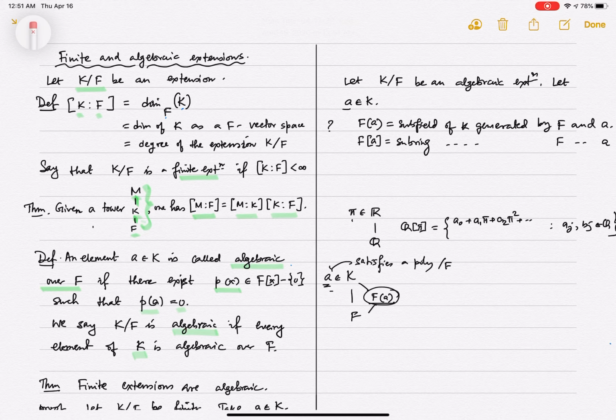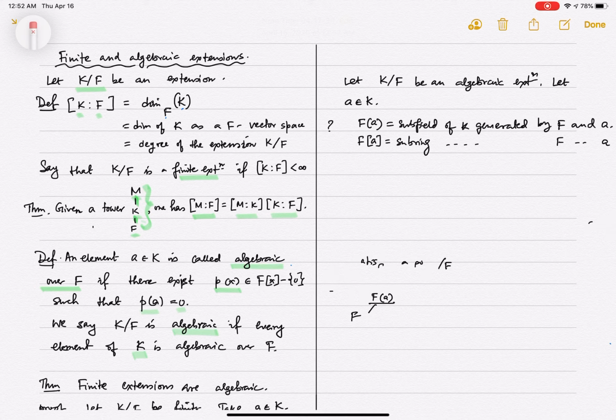You don't need denominators now. All real numbers that can be expressed like so. Again, the difference is we are not looking at an algebraic number. And to understand the structure of F round bracket a naturally leads you to this notion of minimal polynomial.